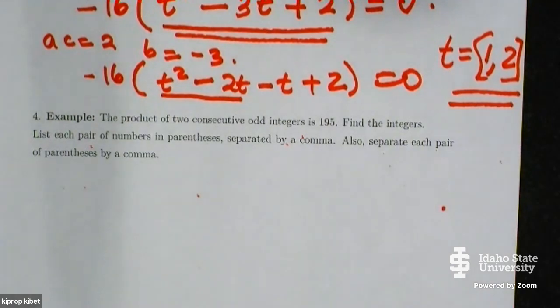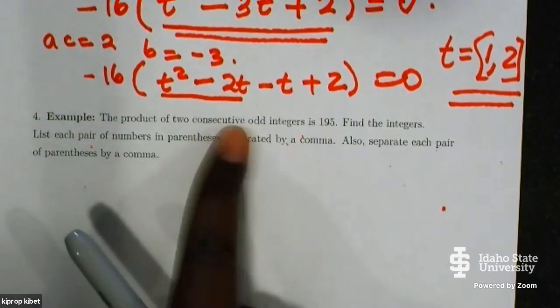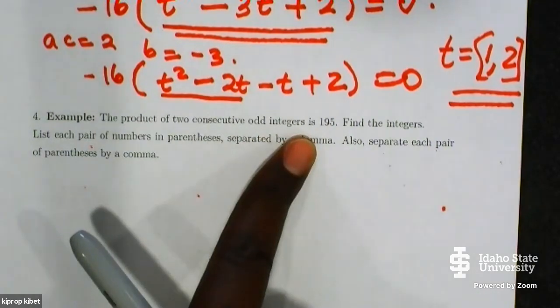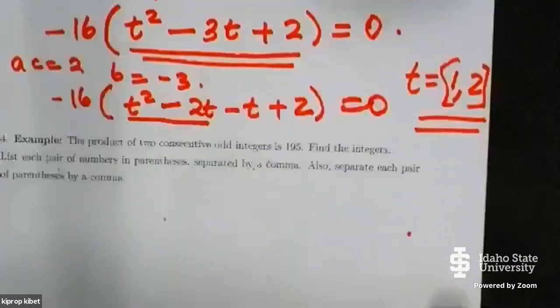I think the one in your homework is even. So the product of two consecutive odd integers is 195. Find the integers, listing each pair of numbers in parentheses. Also separate each pair of parentheses by a comma. I just got it from your homework.